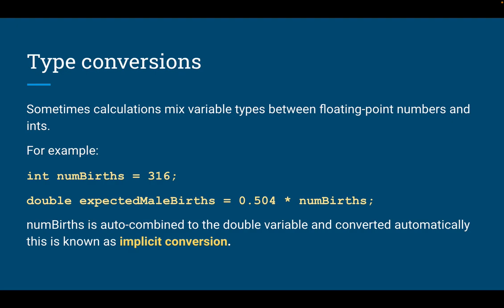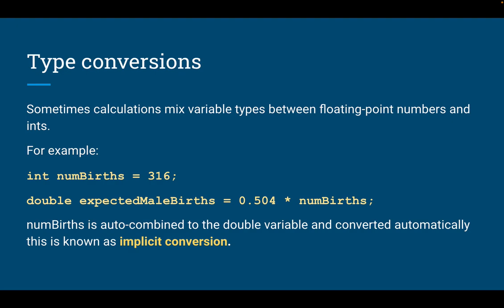It's a decimal point variable, a floating point variable. So double expected male births equals 0.504 times the number of births. Here, it will do the conversion. It's automatically combined and converted, and this, as highlighted in the off yellow, is an implicit conversion.